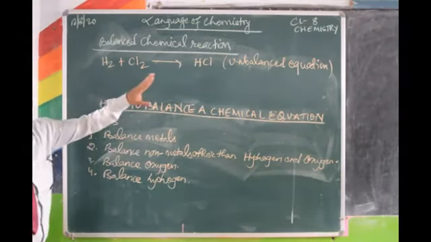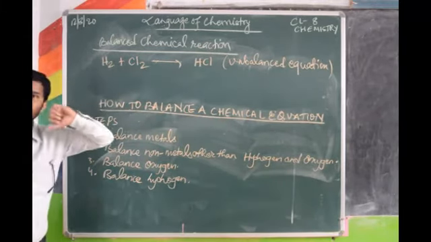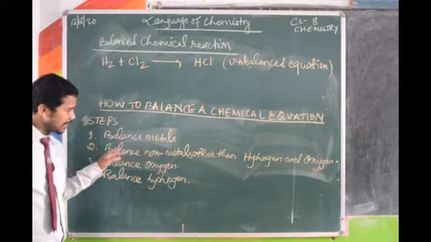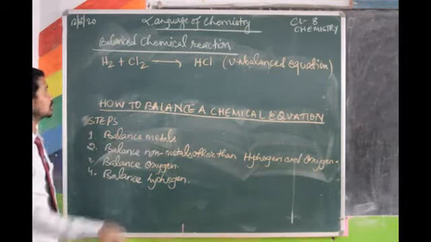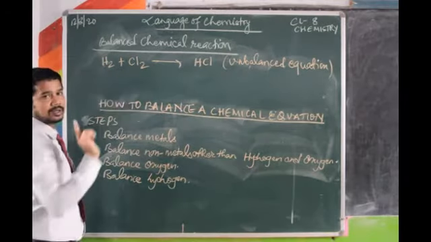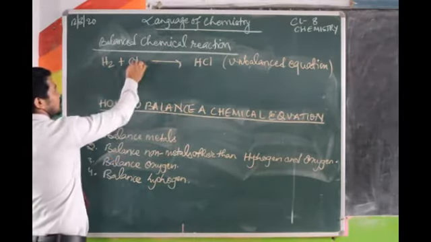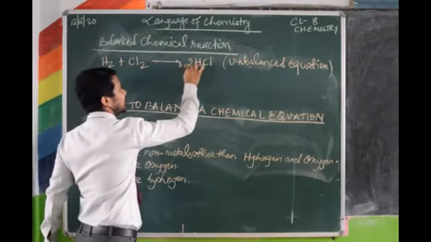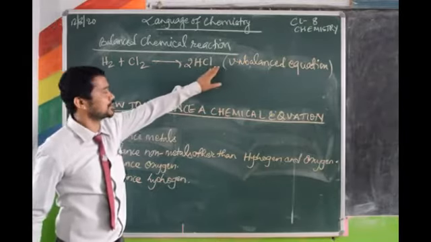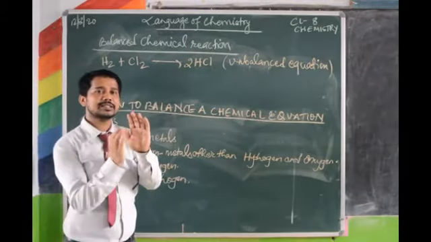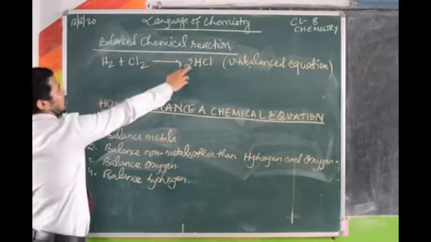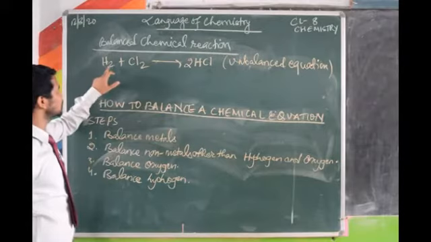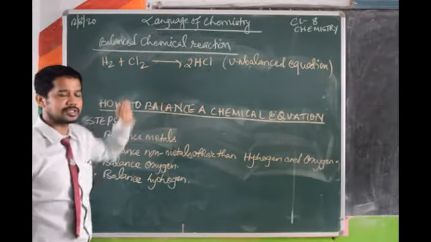Here are no metals. Hydrogen is a non-metal, chlorine is also a non-metal, so no metals. That means go to number 2. Balance non-metals other than hydrogen and oxygen. Other than hydrogen and oxygen there is chlorine. So balance chlorine first. Chlorine is 2 here and chlorine is 1 here. So make these 2 by adding a number in front. You cannot add numbers here anyway. Always add a number in front. So 2. That means chlorine is 2, chlorine is 2. Now hydrogen is 2, hydrogen is 2. So this is balanced.